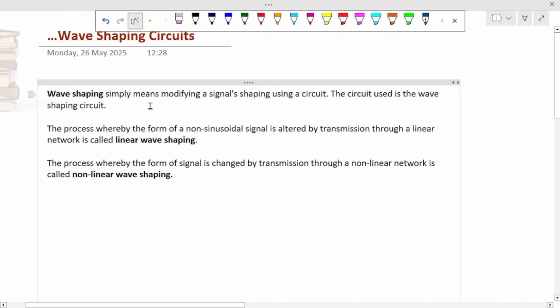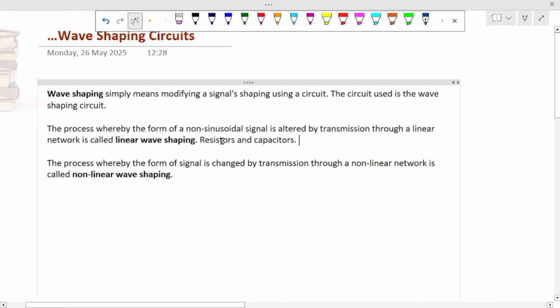For the linear elements that make up the linear circuit, that's mainly resistors and capacitors. So linear networks are RC circuits, resistors and capacitors.